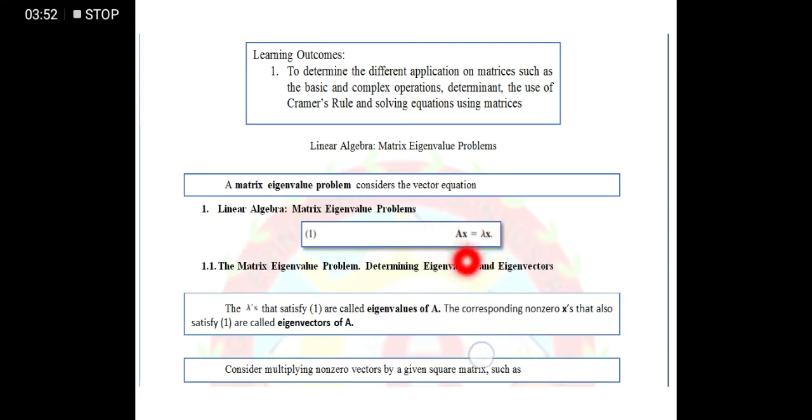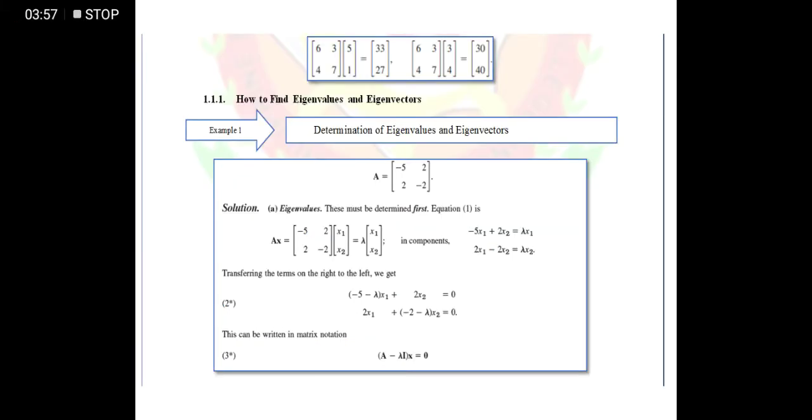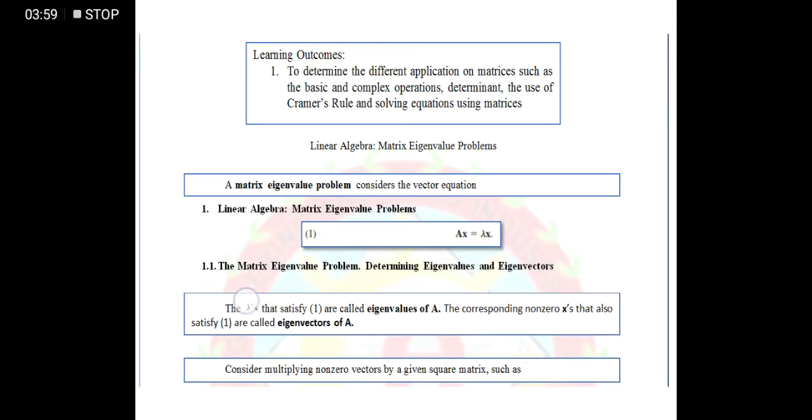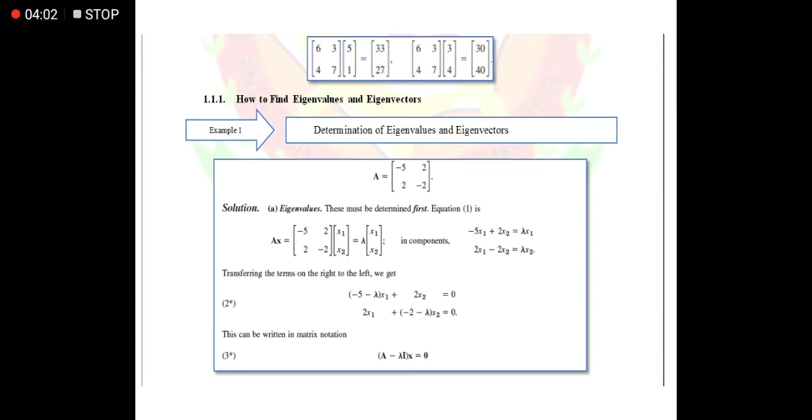That is the flow of our problems here. So please read this, it is just actually a definition. Now, example number 1.